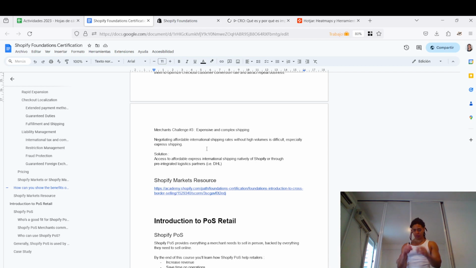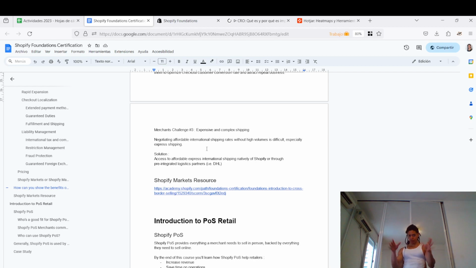This is useful, for example, if you are a Shopify partner helping a brick and mortar retailer with their online store, or a growth partner who wants to learn how Shopify POS can help their clients.